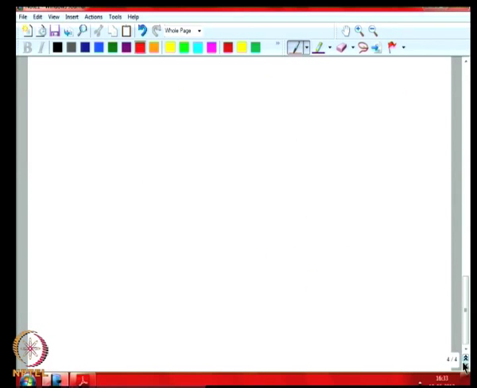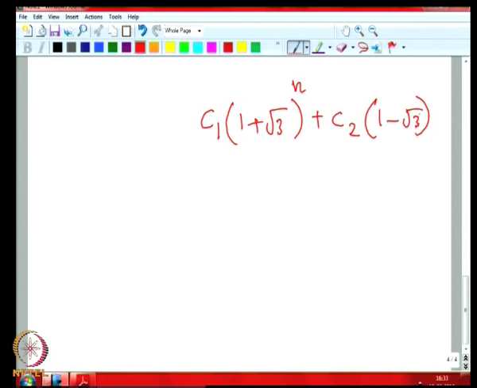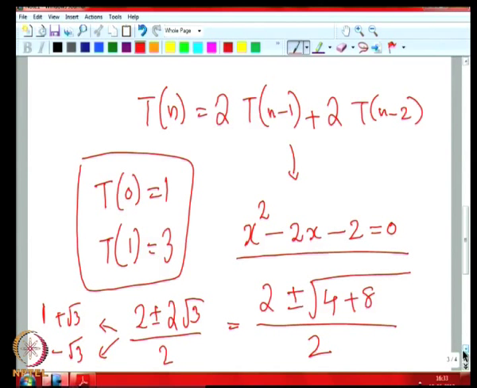Therefore, we can select some C1 and C2 such that C1 into 1 plus root 3 raised to n plus C2 into 1 minus root 3 raised to n is a solution for T of n. What you should remember is, if I substitute 1 plus root 3 raised to n for T of n, this recurrence relation will be valid because 1 plus root 3 is a solution for the characteristic equation.